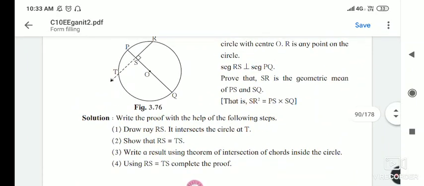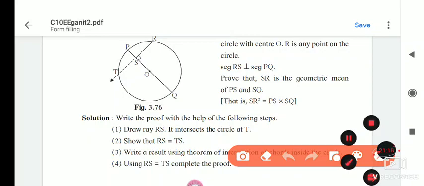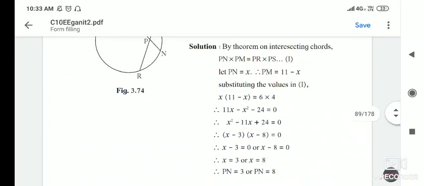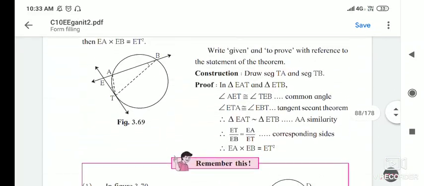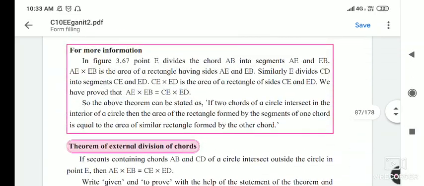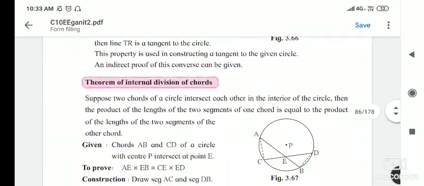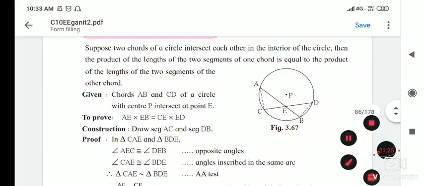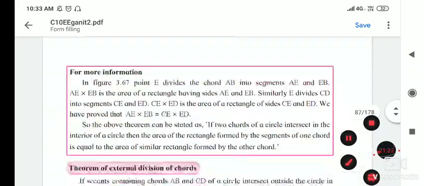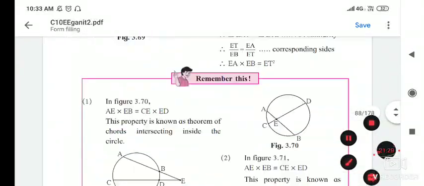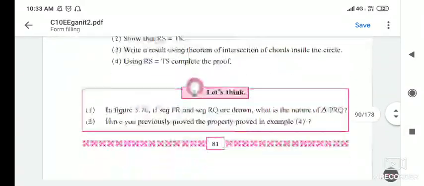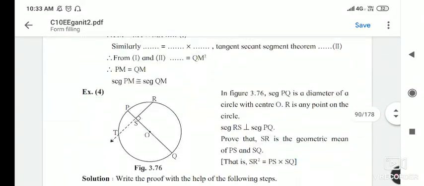Once you show RS is equal to TS, afterwards we have to use the property where chords intersect each other internally. This theorem we have to use, and after that you will get your proof easily. Okay, so today you have to solve this and send it to me.